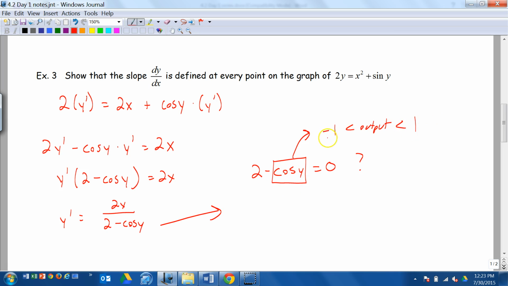So 2 minus either -1, 0, or 1, or anything in between, can we ever get to 0? No, we have to have a 2 there. I could have also said cosine of y needed to be 2, and that can never work. So therefore, it is defined for all points on the graph.